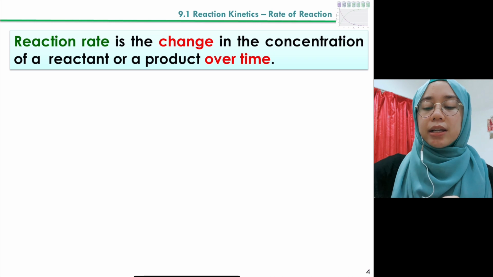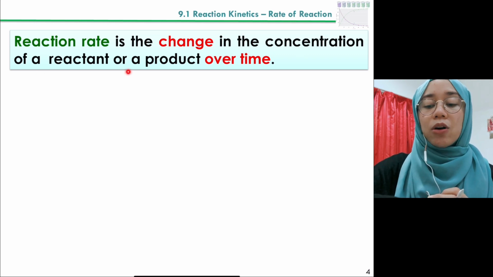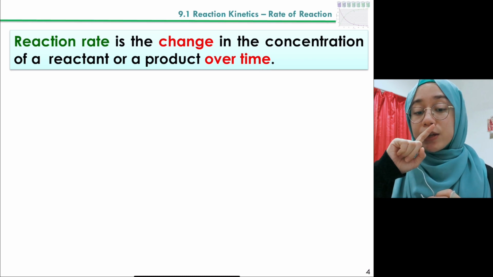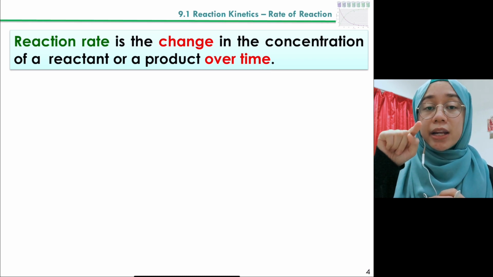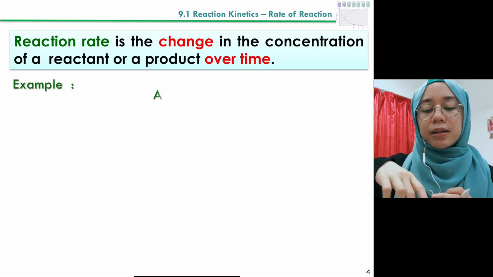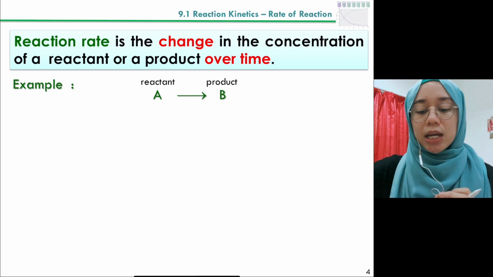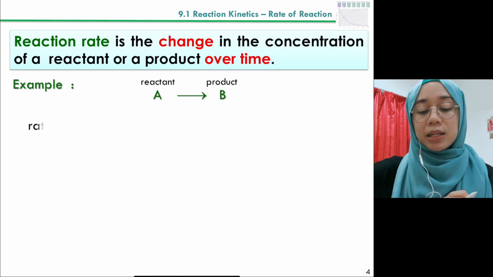So reaction rate is the change in the concentration of a reactant or product over time. Ingat tak formula tu kan? Formula rate tu adalah rate equals to concentration over time. So for example, if we have a reaction here, A producing B, where A is the reactant, B is the product.